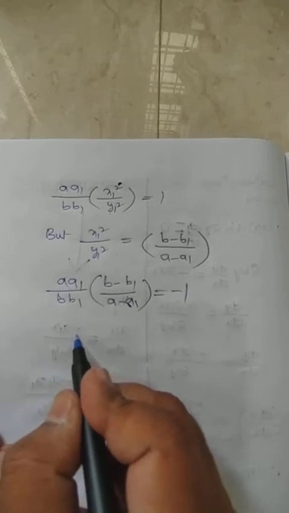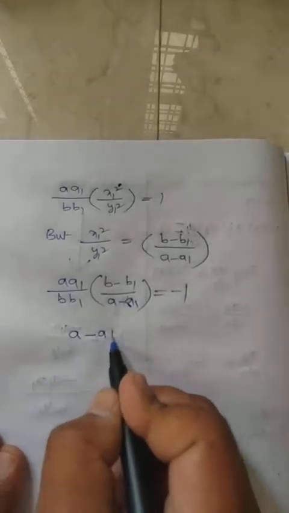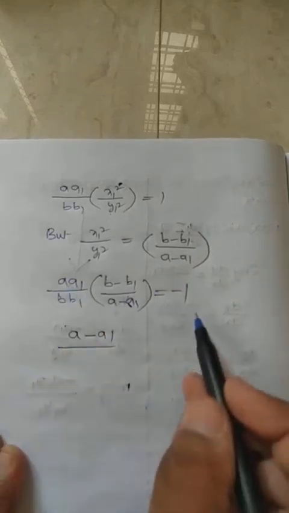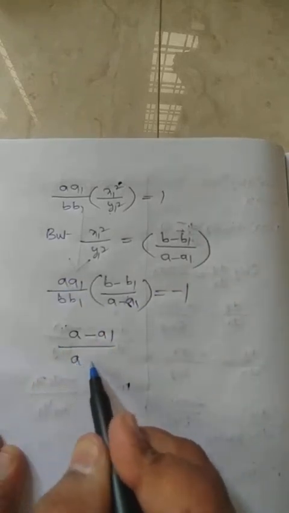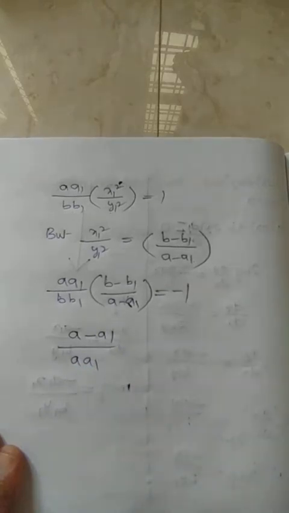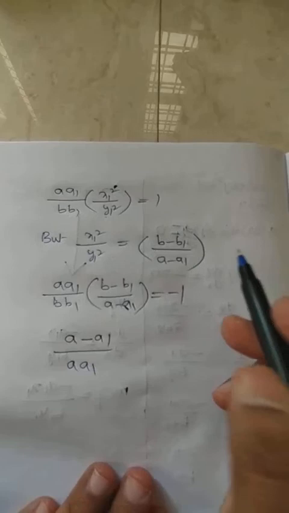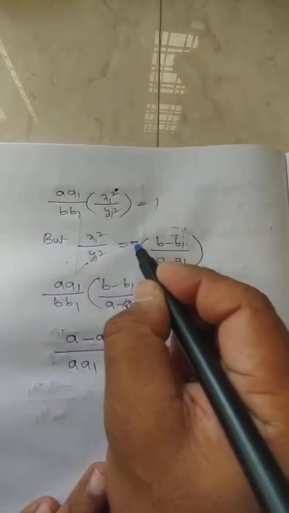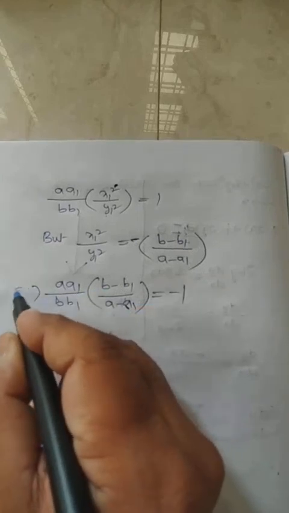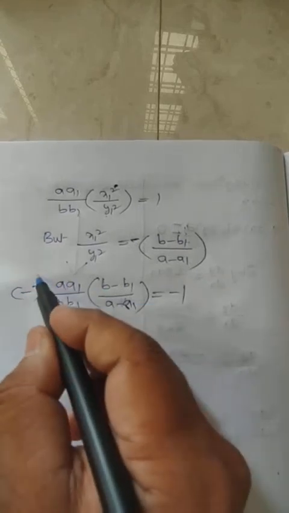(a minus a1) on the right hand side, this term comes in the denominator, over a1 is equal to, here one correction: this value has a minus symbol, and this minus symbol cancels with this minus.